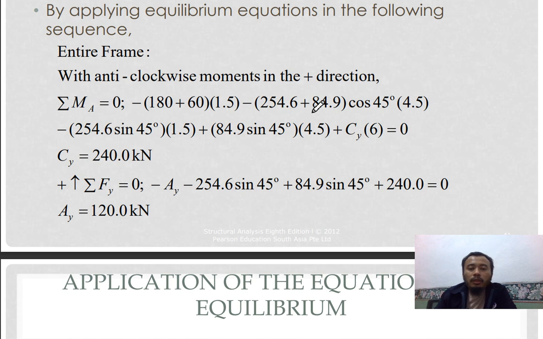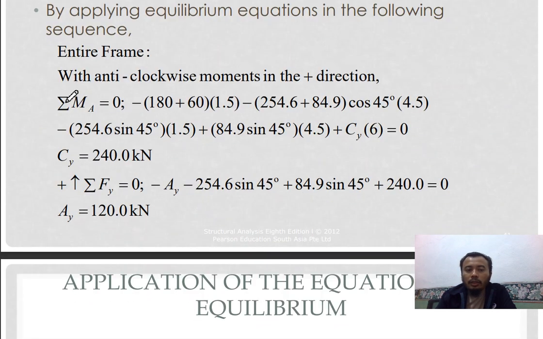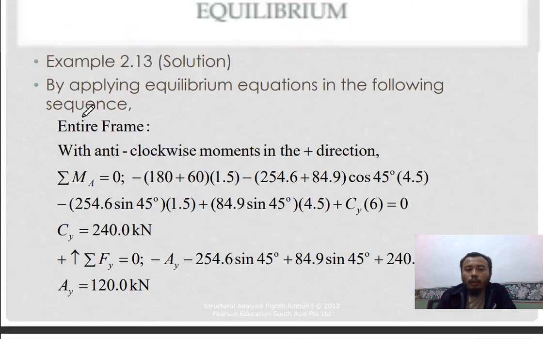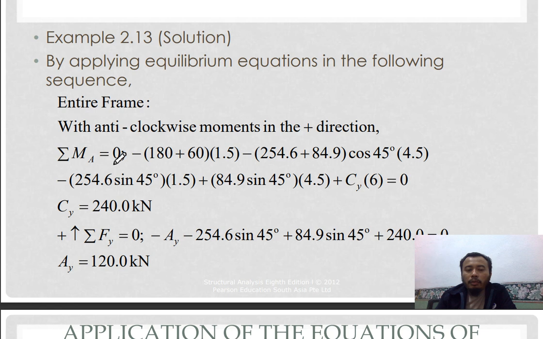So based on this free body diagram, we can resolve moment at A. The moment there will be 0. So 180 times 1.5 moment here, plus 60 times 1.5.